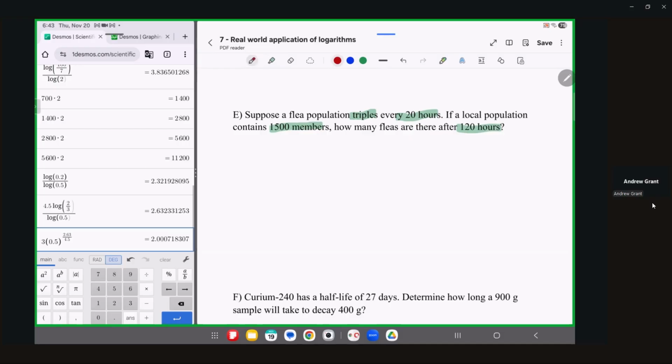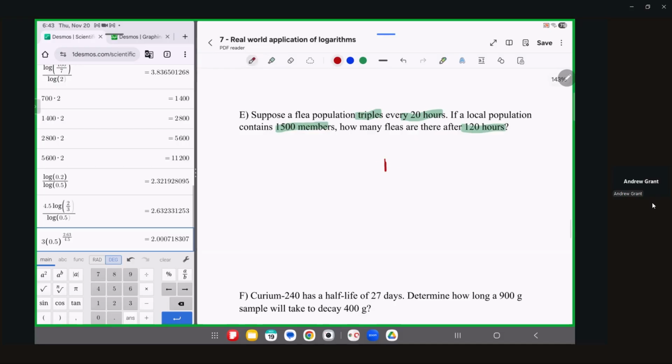Okay, so the equation we're going to write is capital P, because of the population, is equal to P naught times B to the power of T. And so writing down our givens, P, P naught, B, T, and D. How much do we end up with for our flea population? We actually don't know, so we're solving for something different today.